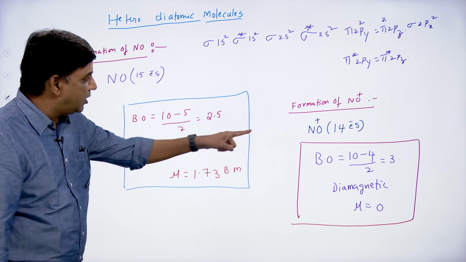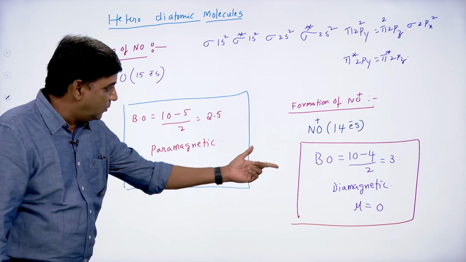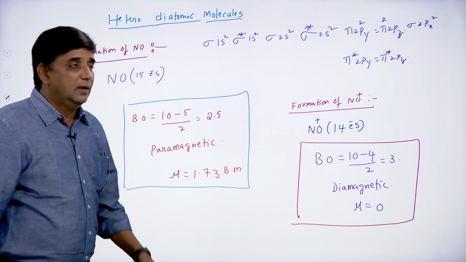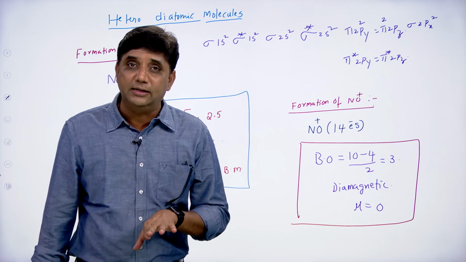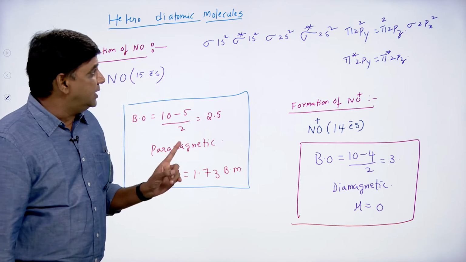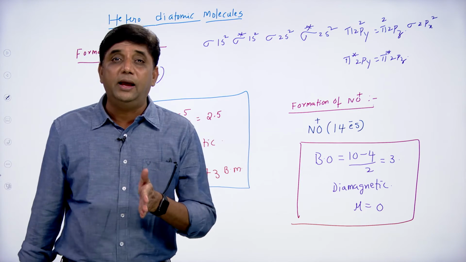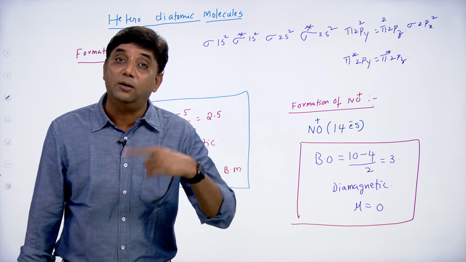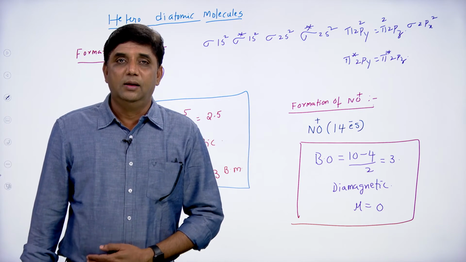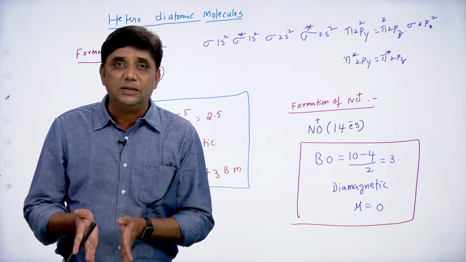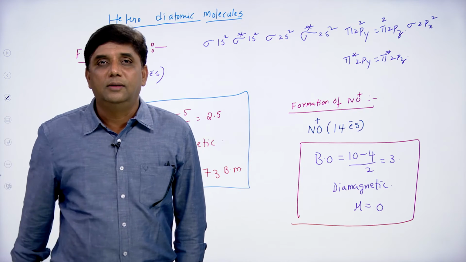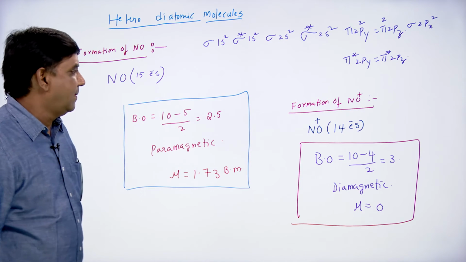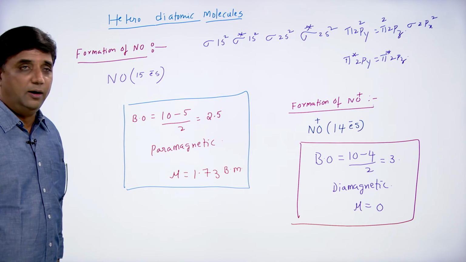Here also, as the number of positive charges increases, the bond order decreases. See students, if the bond order increases, we have to understand the electron is being removed from the anti-bonding orbitals, then only bond order increases. When the bond order increases, bond length must decrease. When an electron is removed from the anti-bonding orbital, the bond length should decrease as the bond order increases.